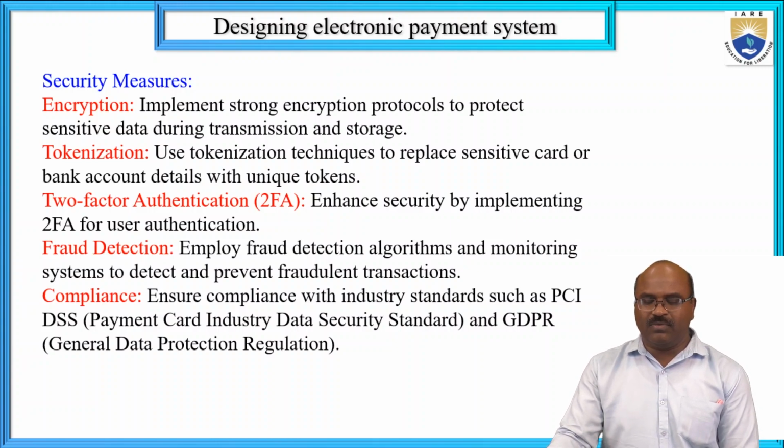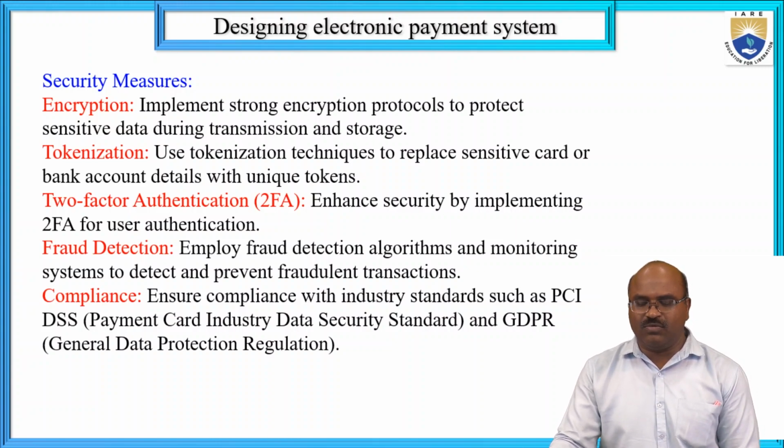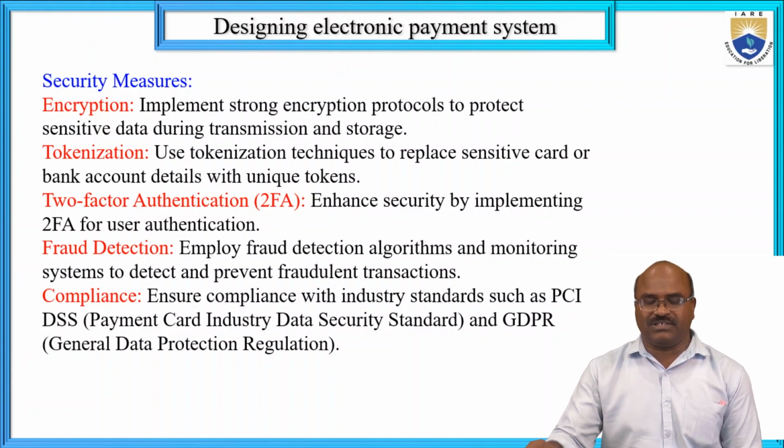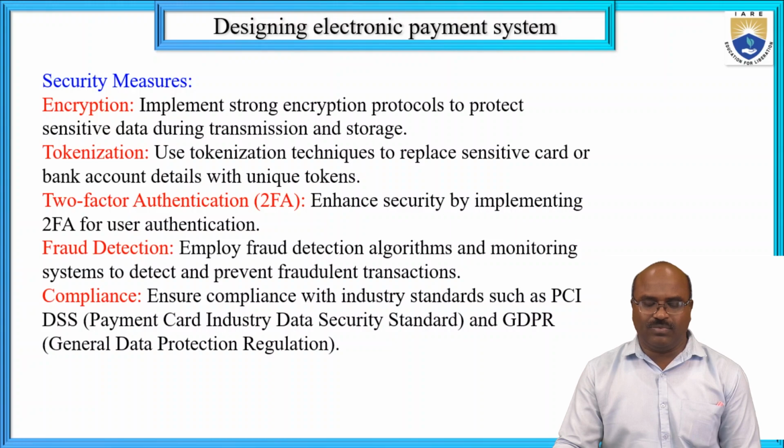Here, we employ fraud detection algorithms and monitoring systems to detect and prevent fraudulent transactions. Then the transaction is more secure. It is one of the security measures, and that is also one of the important things.